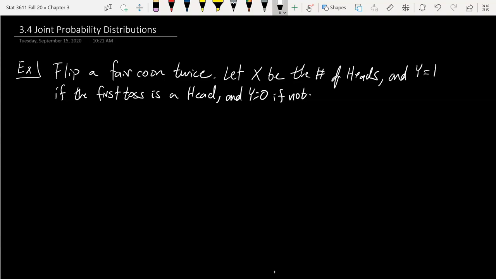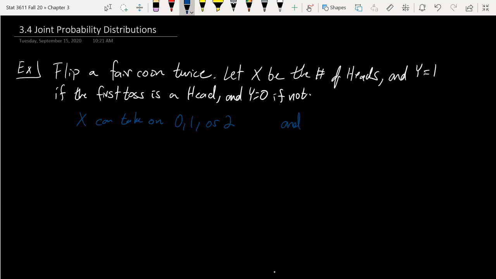All right, and so let's take a look at what we can have here. X can take on, well, if you flip a fair coin twice, it's possible to get 0 heads, 1, or 2 heads.